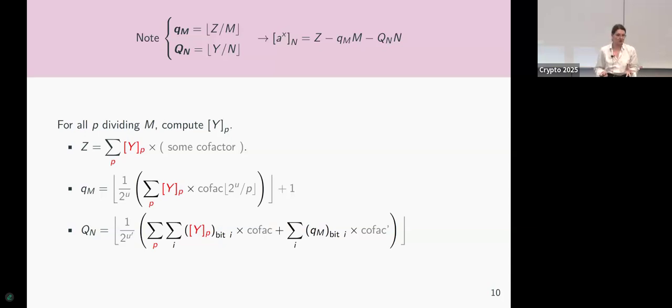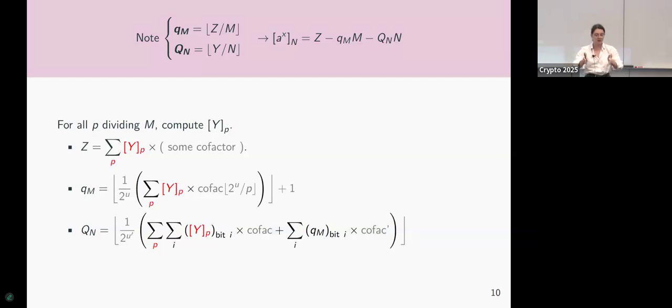What I want you to notice at this point is that all of these sums are expressed relative to the prime factor P of big M, okay? This means that in order to compute these three quantities, you can take a small register that will be used to compute y modulo, for example, P1, and then you update every one of these quantities according to the formula that you are following.